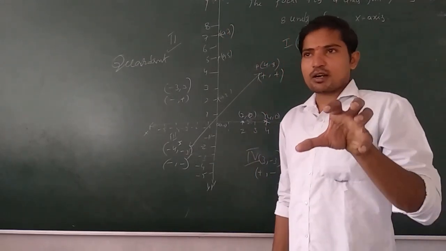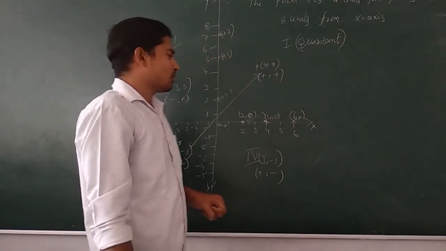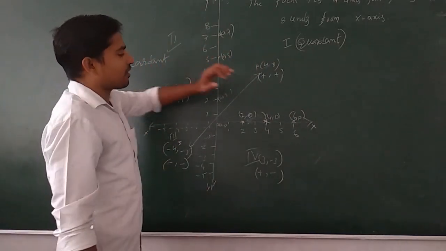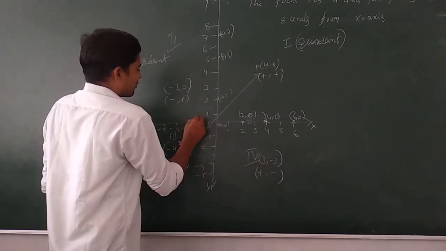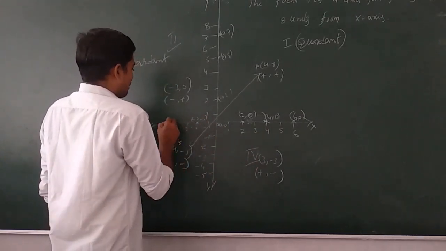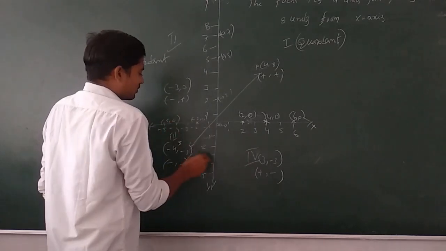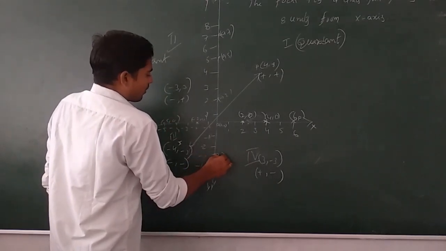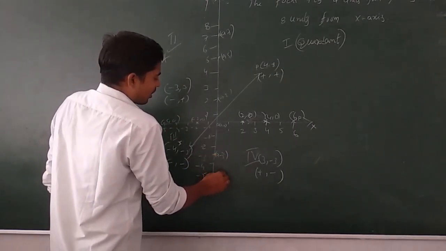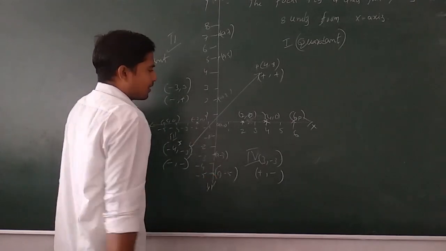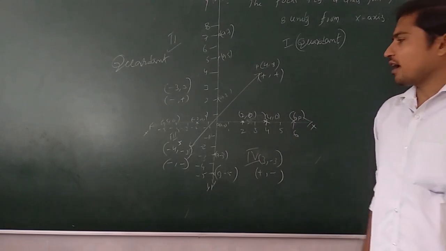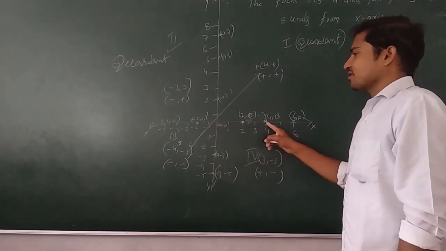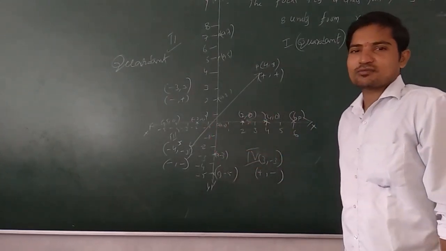Try to understand the pattern here. The points which lie on the x-axis, negative also we can take: minus 2, 0 and minus 5, 0, and 0, minus 3 and 0, minus 5. The nature of the points lying on the axis: if they lie on the x-axis, the y coordinate is 0.